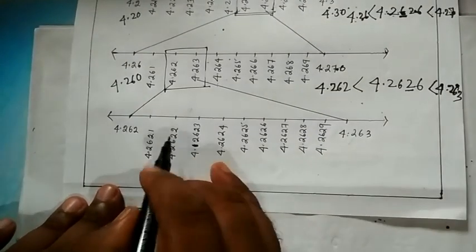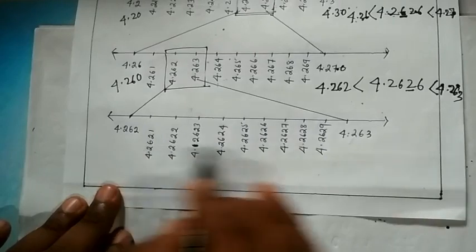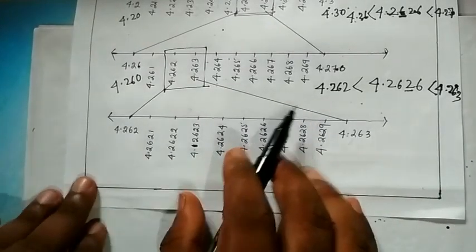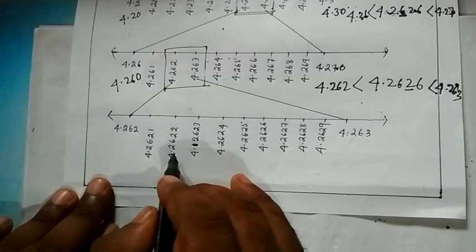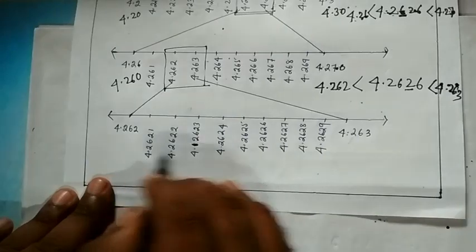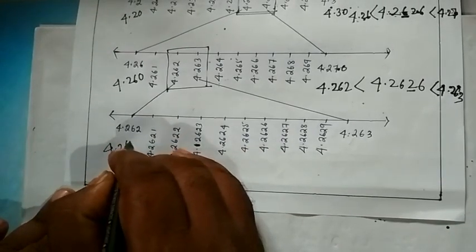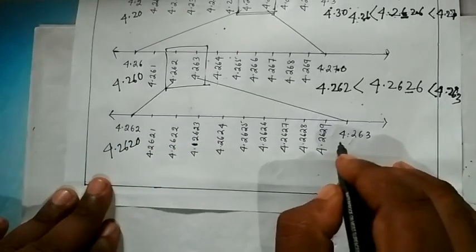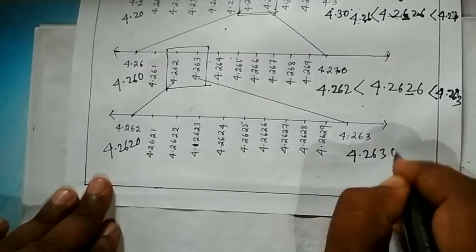Like that you will get 10 equal divisions. So the first part will be 4.2621, second part 4.2622, third part 4.2623 and so on, because here 4.262 you can write as 4.2620, and 4.263 you can write as 4.2630.